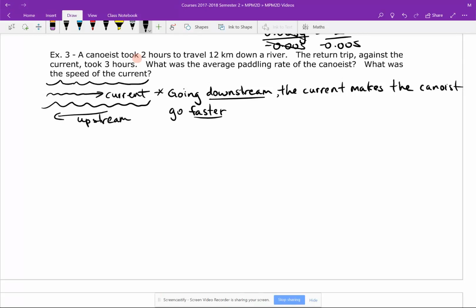Okay. However, when you go upstream, so going upstream, against the current, slows the canoeist down.